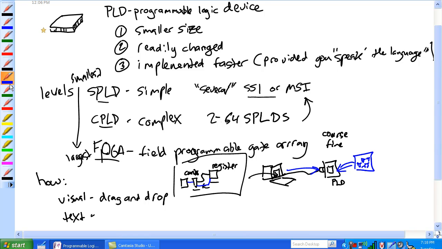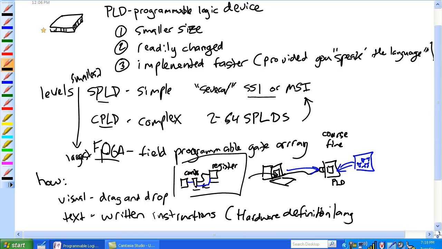Okay. Text, just as the name implies, written instructions. Very similar to a C program or something like that. Well, not C, just hardware definition language. Depends on who makes the PLD. Some of them have different languages.